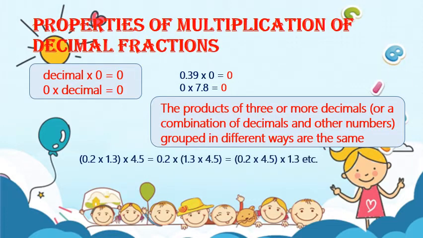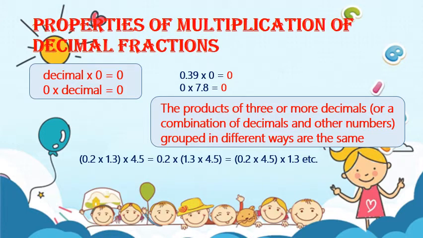For example, 0.2 multiplied by 1.3, which is placed inside the bracket, multiplied by 4.5 is equal to 0.2 multiplied by 1.3 multiplied by 4.5, where now 1.3 and 4.5 are in the bracket. This product is also the same as that of 0.2 multiplied by 4.5, put in bracket, multiplied by 1.3, etc.